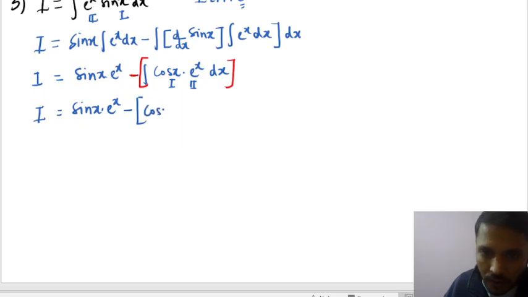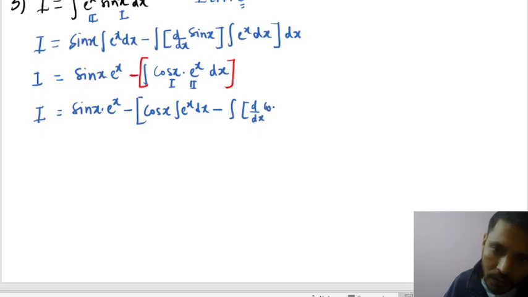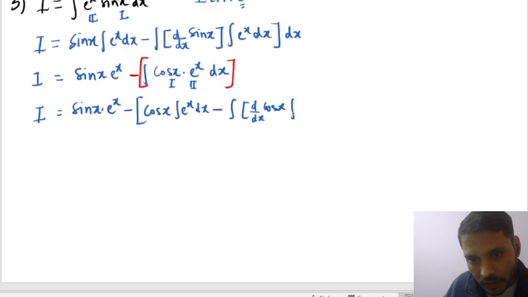So cos will be outside, and the integration of e to the power x dx, minus here we are going to take the integration again, but the derivative of cos x, d/dx of cos x, and then the integration of e to the power x dx.